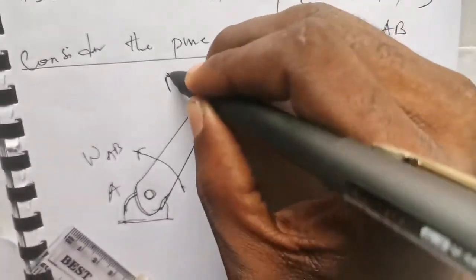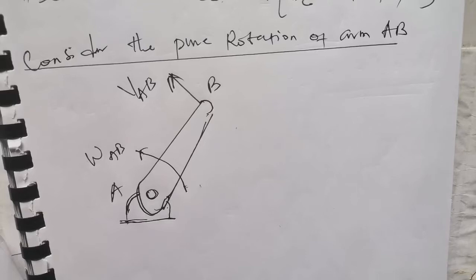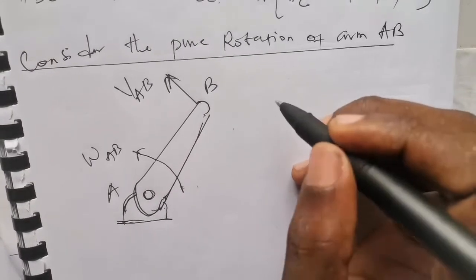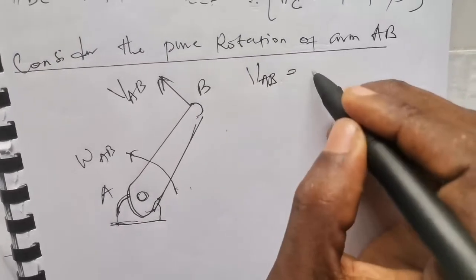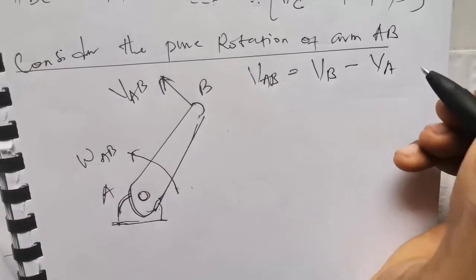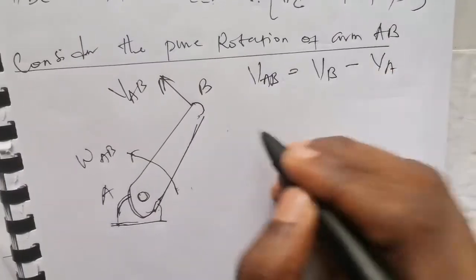So this is called V B relative to A, and you have this. Now remember that the relative speed V B to A means the velocity at the free end V B minus the velocity at the fixed end V A. The aim is to find the velocity at the free end, which is V B.